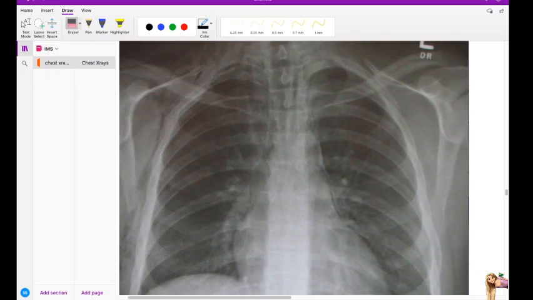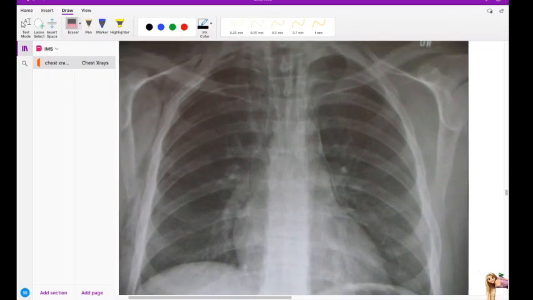The vertebrae are relatively okay. What is this? Okay, I was supposed to use yellow.